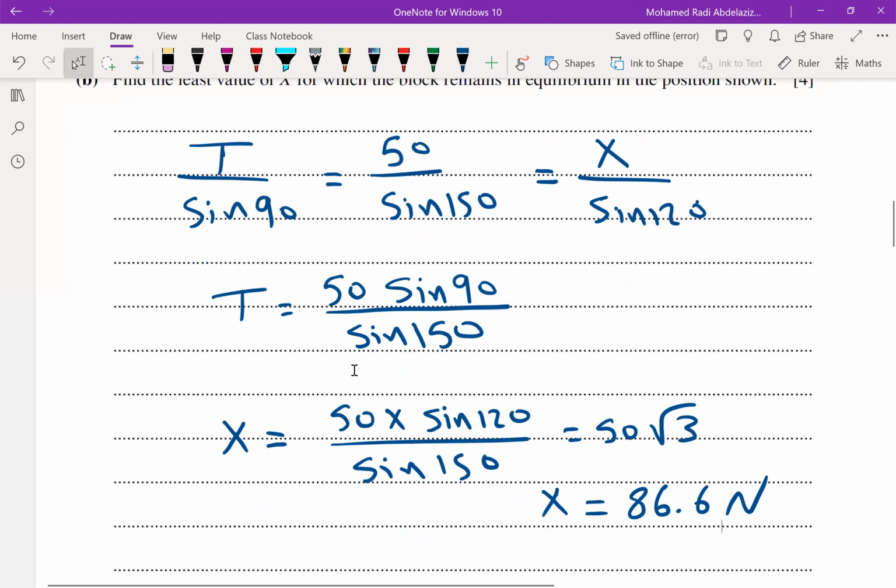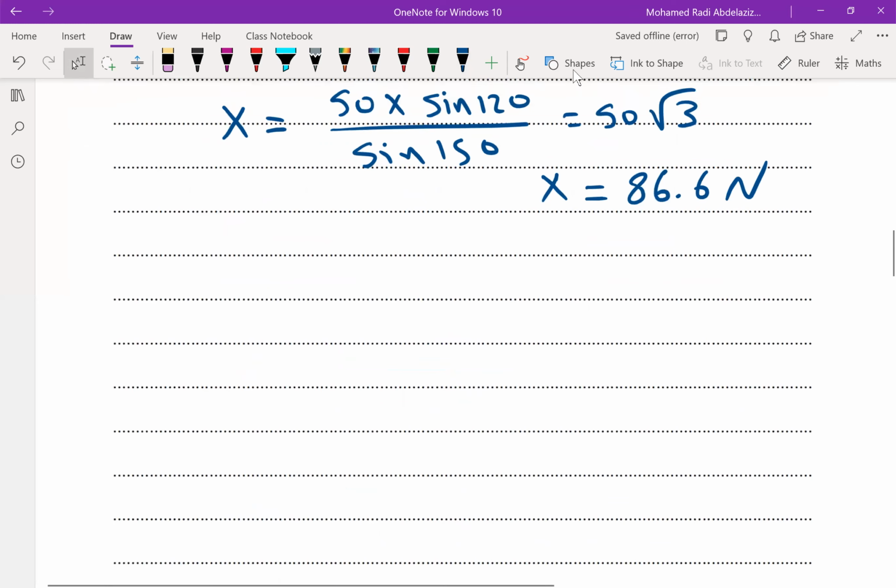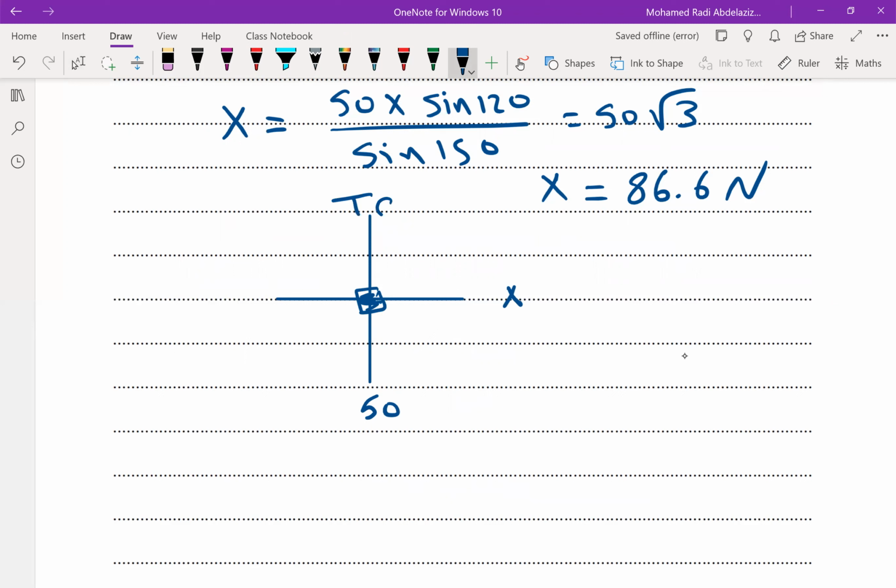I will explain this part again by using the resolving method. If you use resolving and solving equations, this is the block. After resolving the components, this is x, this is 50, and T cosine 60, and T sine 60.